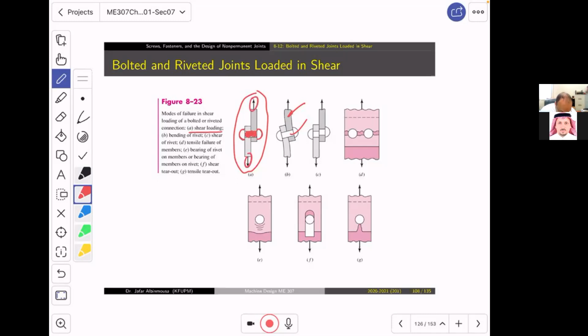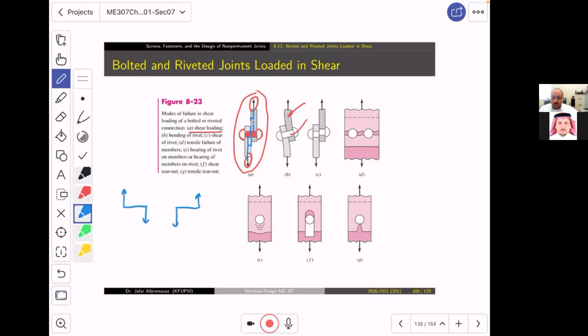If you think about it, this force is shifted a little bit from the center, and this force is shifted a little bit from the center. So if you think about it, this is like this, right? Or the same way, it is like this. Now, we know that if you have this kind of couple, then you will generate a moment.